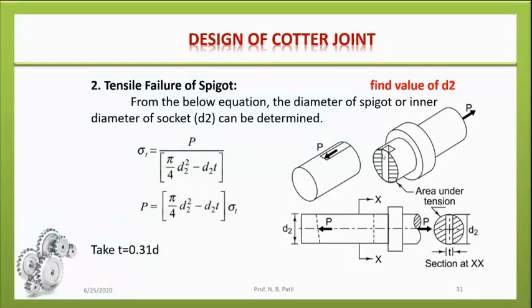So where there is a change in cross section area, that particular cross section area we take into consideration for the calculation. So let us consider this much of the area.